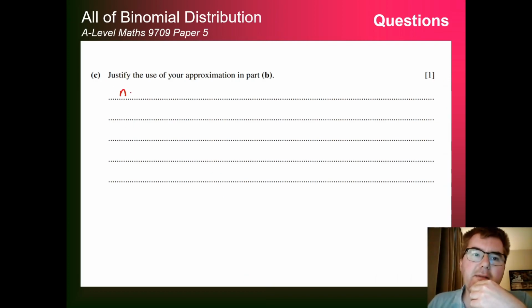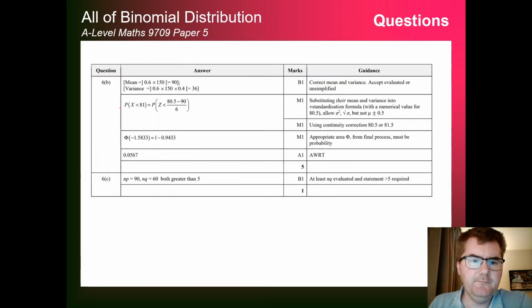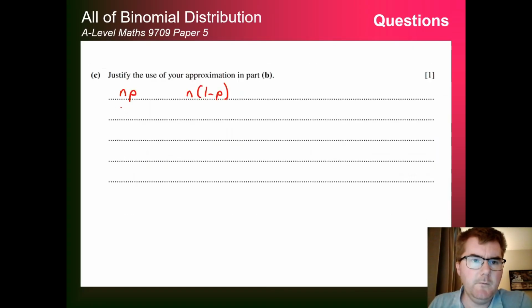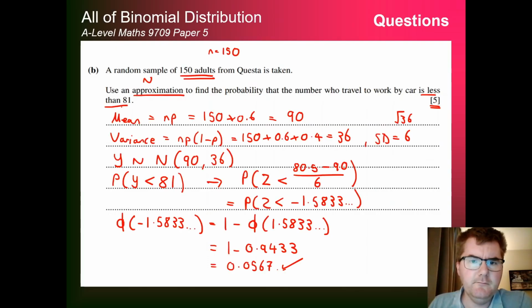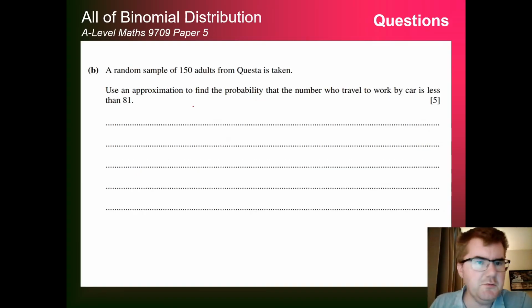So essentially what we think about here is np and n(1 minus p). So we should always check that. So what's our sample size here? It was 150, yeah. So np was 150 times 0.6. It was what the mean was, yeah?